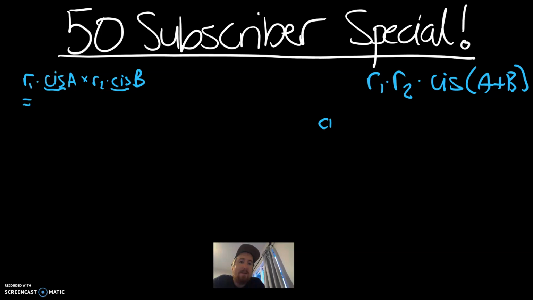So what that means is cis A actually means cosine A plus i sine A. And then we can see that cis, the C comes from there, the I there, and the S there. So we're just going to change the form of our expression.